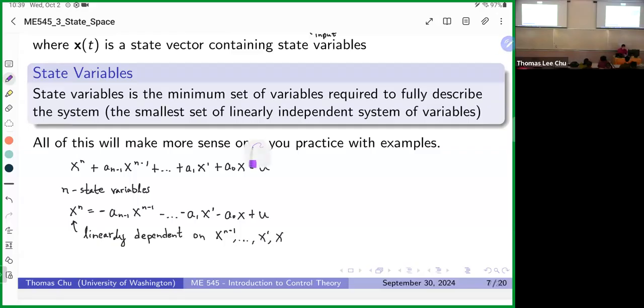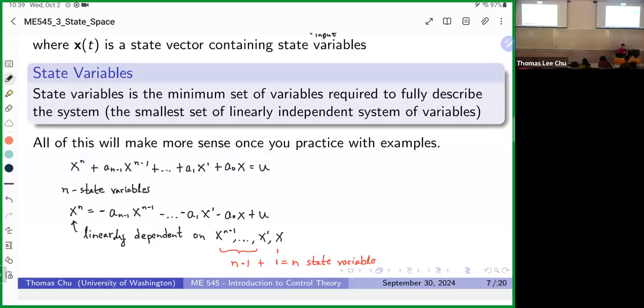So we have n minus 1 variables here, and then this is the last variable here. And we get n state variables. The input is not a state variable. Makes sense? So the highest derivative is usually not going to be your state variable.